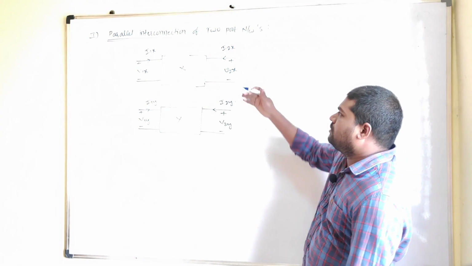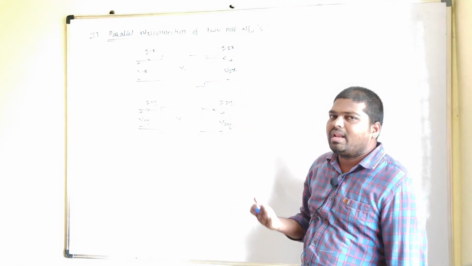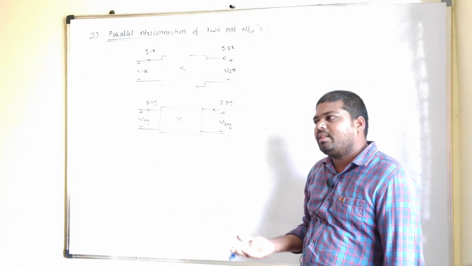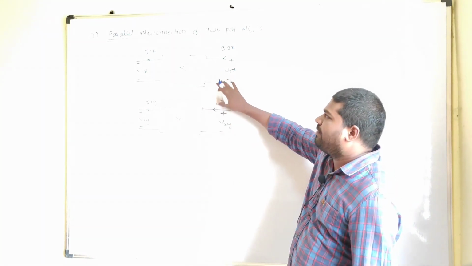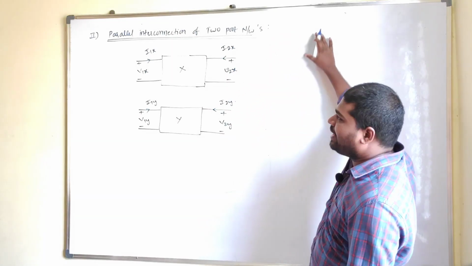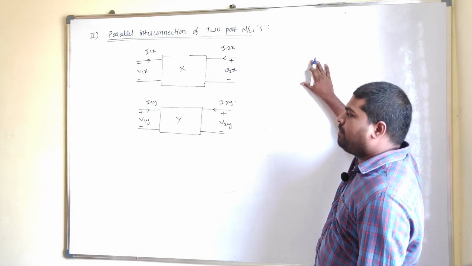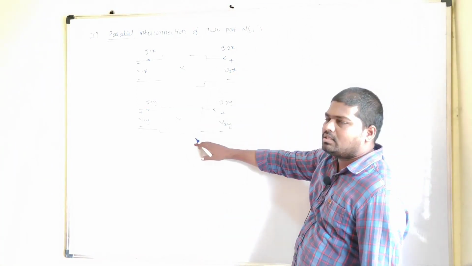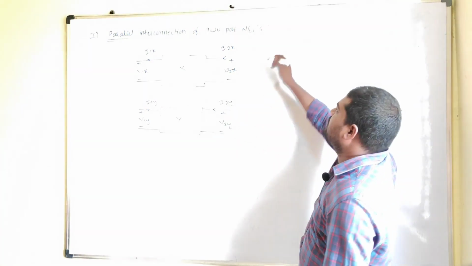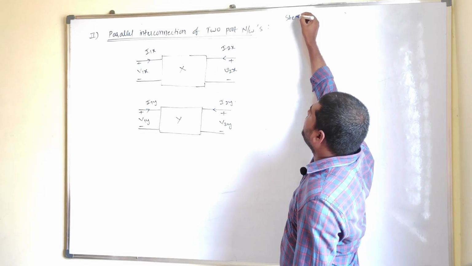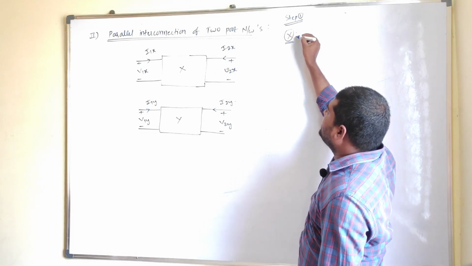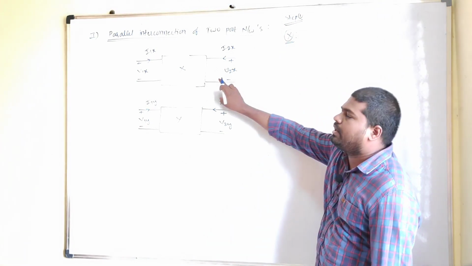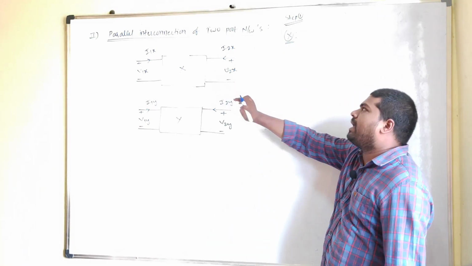For series connection, we can define the Z parameters. This is a parallel configuration, so we can write the Y parameters for the X two-port network as well as the Y two-port network. Step 1: for the X two-port network, we need to write Y parameters.